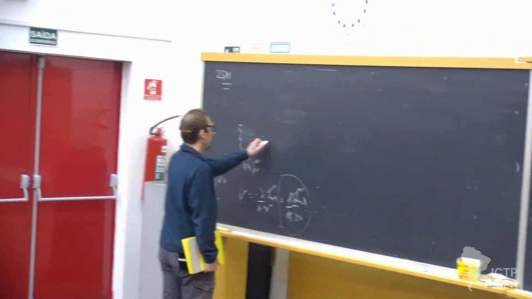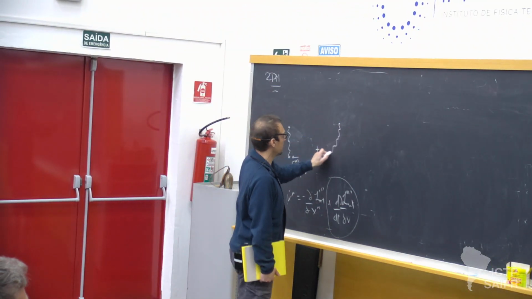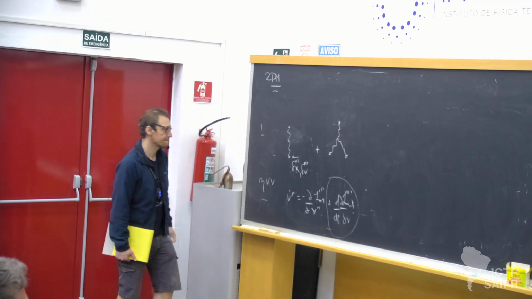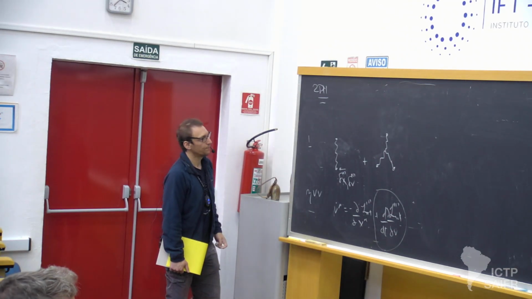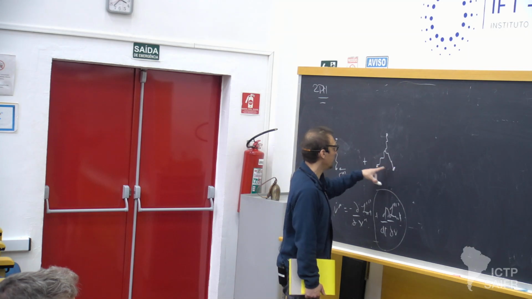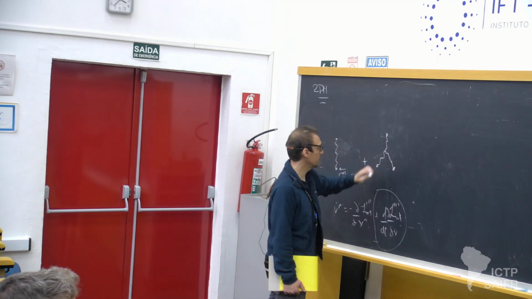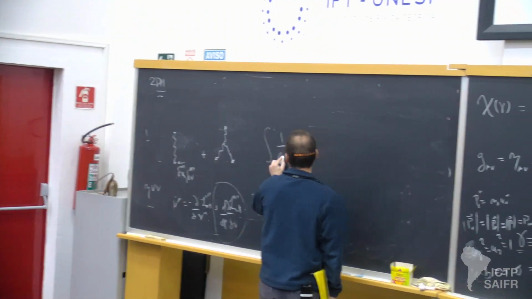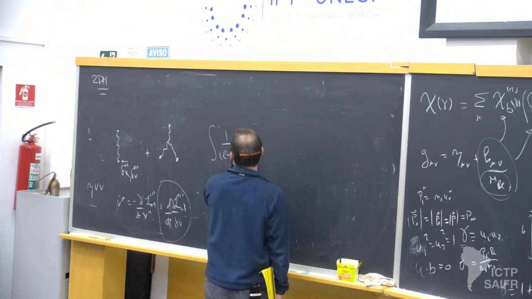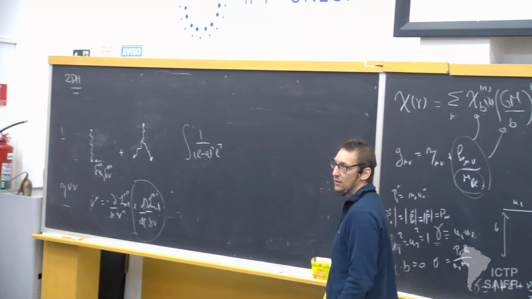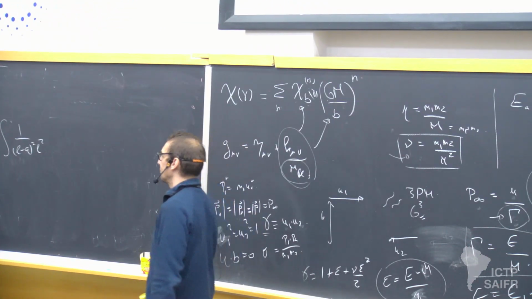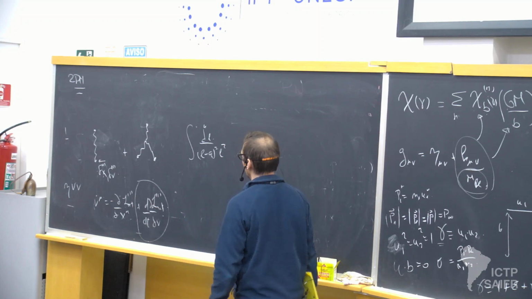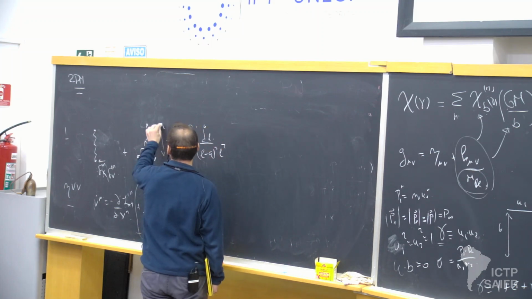And then I need to add this guy. But this is easy because this one, what integral do I get here? I get the usual one that I get in NRGR as well. The only difference is that it's 4-dimensional. Q is my transfer momentum, right?